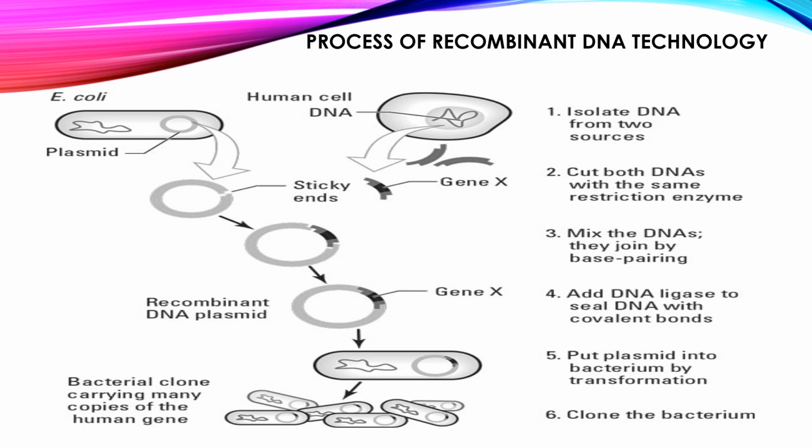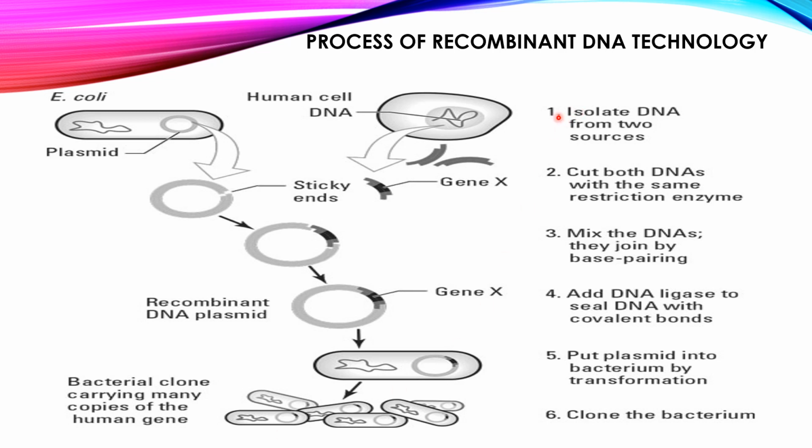There are a number of ways and steps in which these recombinant DNAs are inserted into the host. Namely, it could be microinjection, biolistics or gene gun, or alternate cooling and heating and use of calcium ions, etc. So now let's look in detail at the various steps involved in the process of recombinant DNA technology.